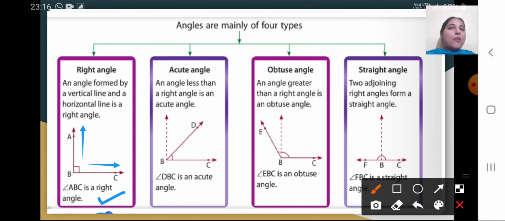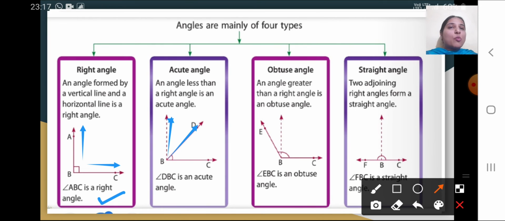Then the second type of angle is acute angle. Now what is an acute angle? An angle less than a right angle is an acute angle. You can see it is a right angle if we have one straight vertical line over this horizontal line. But this is smaller, isn't it?